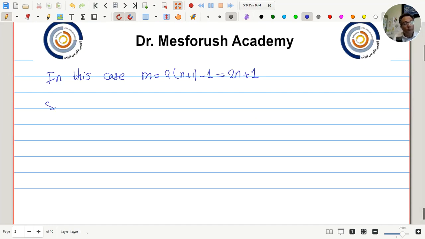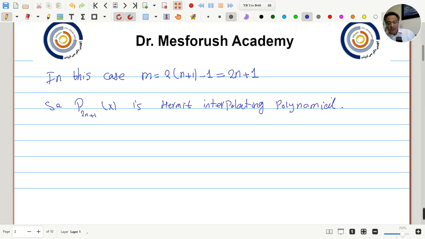So P_{2n+1} of x is a Hermite interpolating polynomial, and we want to give a formula to find this P_{2n+1} for the Hermite interpolating polynomial.